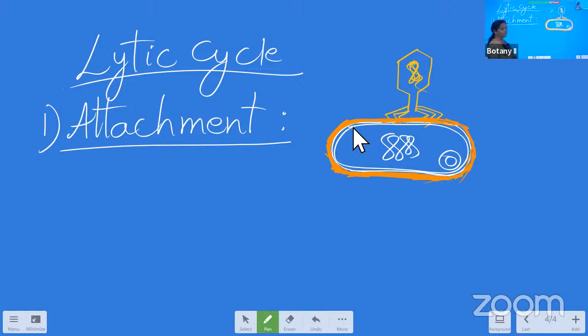This is the first step, attachment. When the viral organism attaches itself to the bacteria with its tail fibers, it is called the attachment. And during this process, the tail fibers will release some enzymes on the mucilaginous sheath of the bacteria.